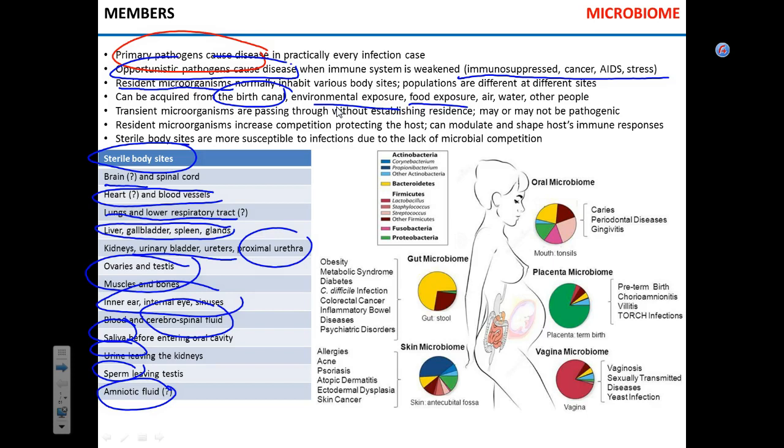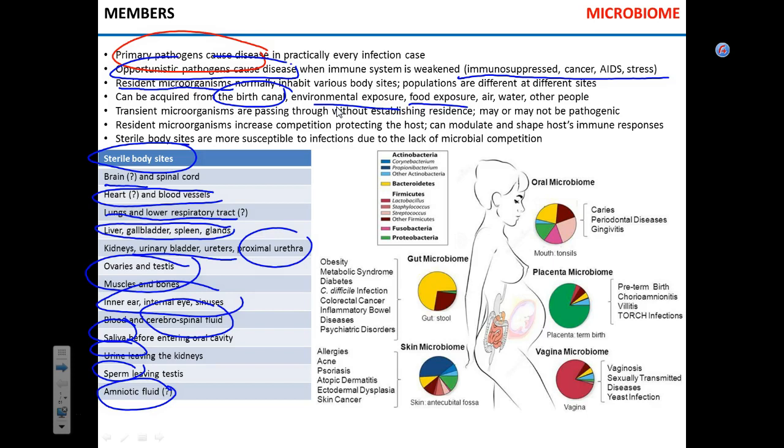Meconium is basically feces that a newborn baby passes immediately after birth. Okay? So meconium should be sterile because the baby doesn't eat. The baby is not exposed to the environment in any way. Well, it turns out you can find quite a few viral species in the meconium.